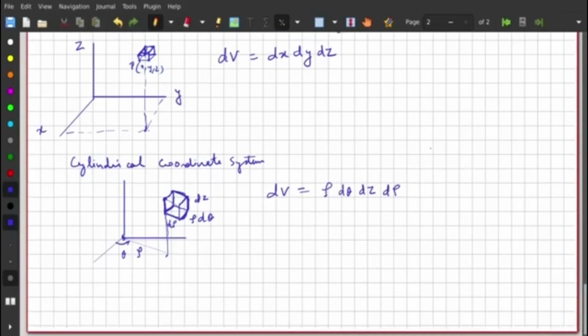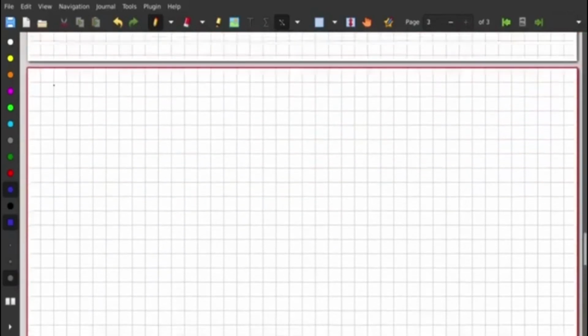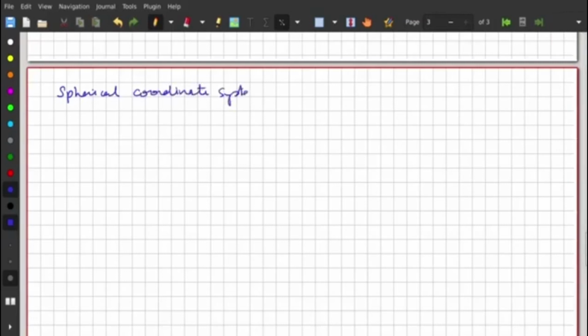Okay, and let's do the same for spherical. In the spherical coordinate system, let's write the volume element.